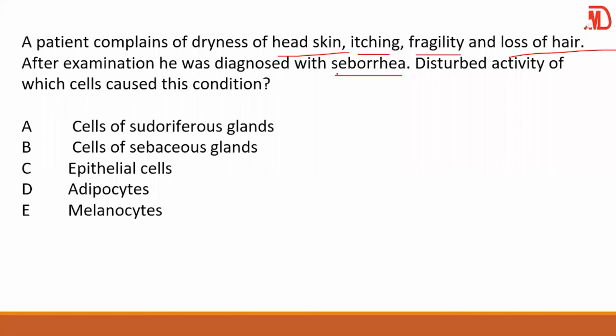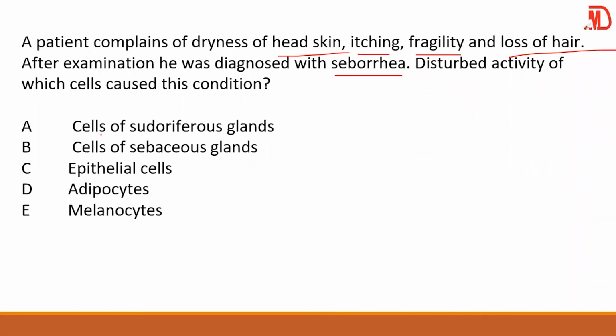So seborrhea is simply a chronic relapsing but usually mild dermatitis. It affects the scalp, the face, and so on. Basically, it affects the sebaceous glands, which are rich areas of the skin.